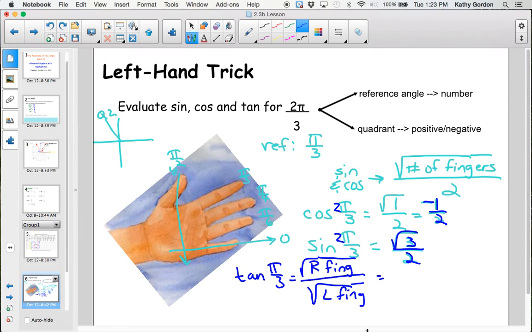Okay, so again, if pi over 3 is the one that's down, that means it's the square root of 3 over the square root of 1, and square root of 1 is just 1, so I end up with square root of 3. X, y, cosine, sine, y over x for tangent, it's square root of 3 over square root of 1, which simplifies to just square root of 3.